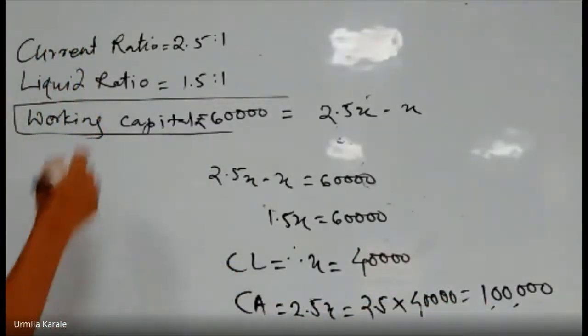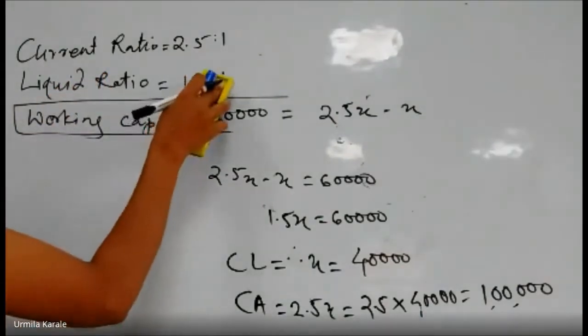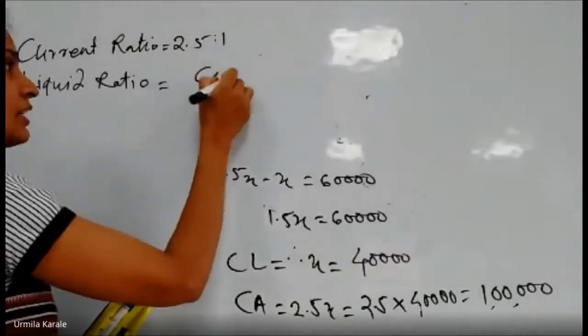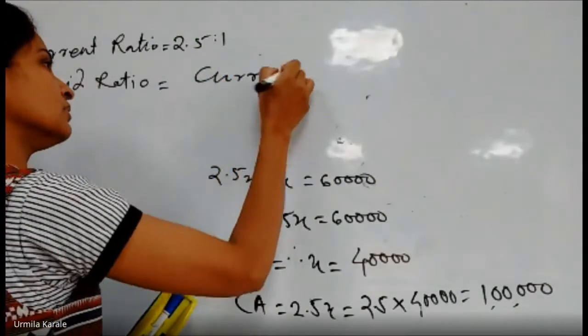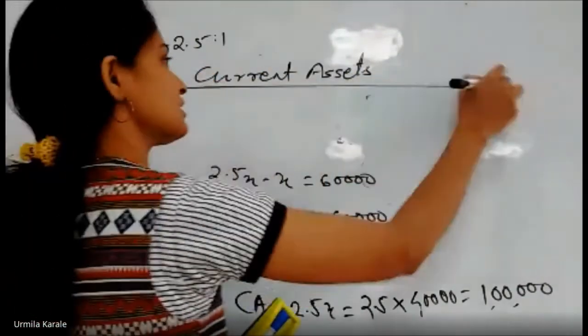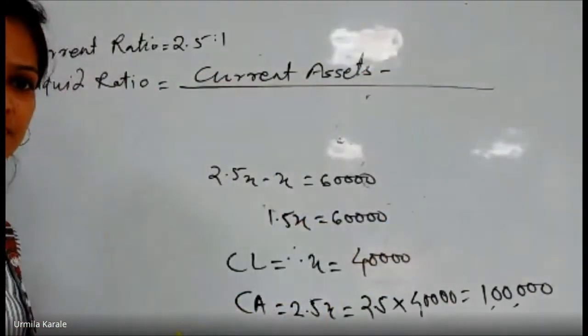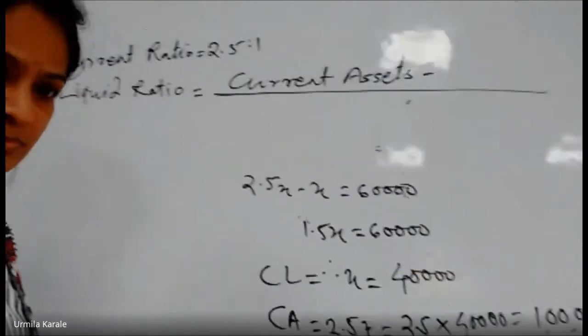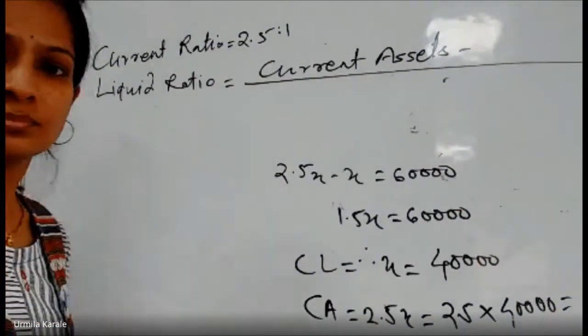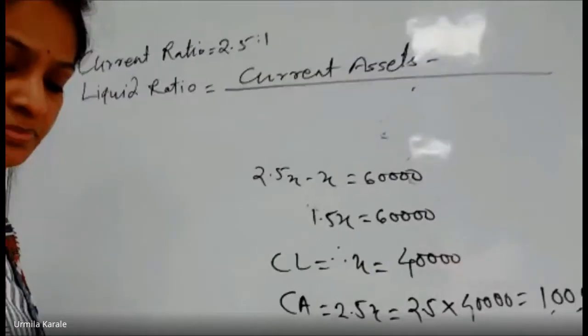Now the next formula, of liquid ratio, remember. The formula is current assets less what you minus to get liquid assets from current assets. What is less liquid?